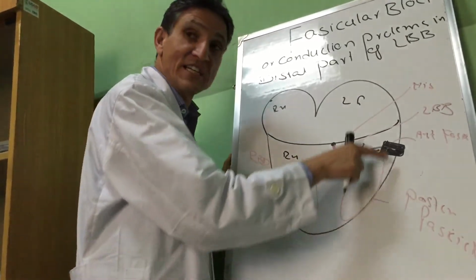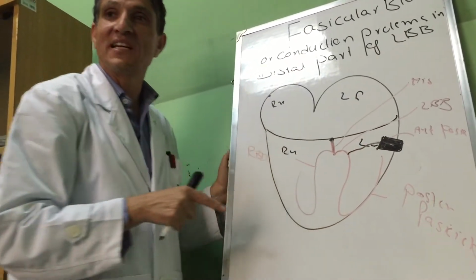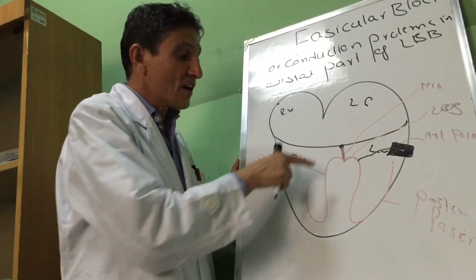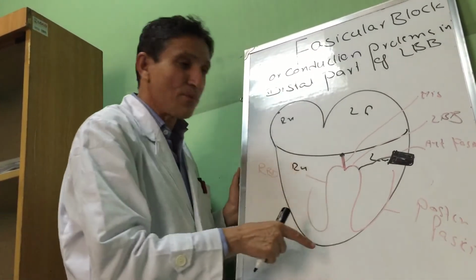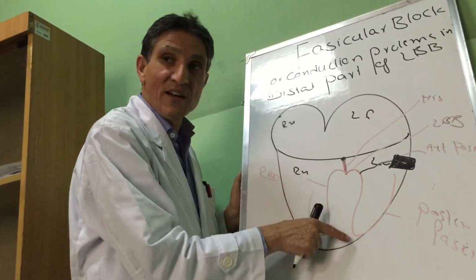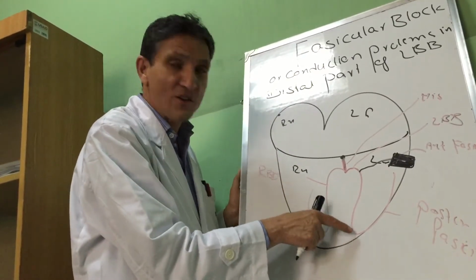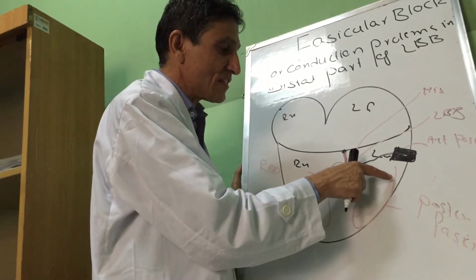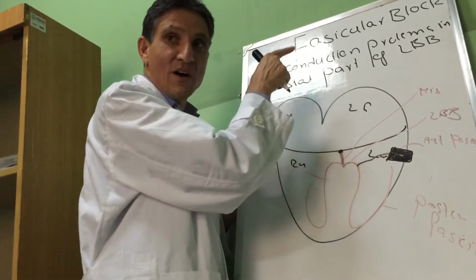Axis means depolarization wave, or cardiac vector. The cardiac vector or wave of depolarization goes through the posterior fascicle, and this wave is rotating upward.